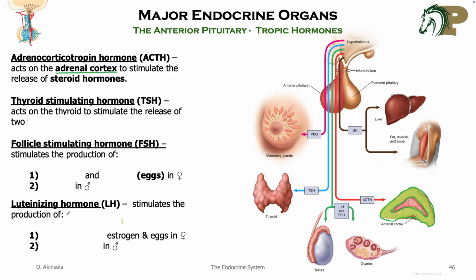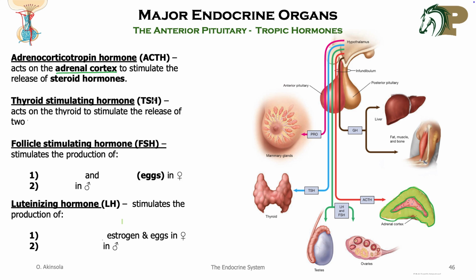But there are 3 steroid hormones in particular that will come from the adrenal cortex. And so you see that over here. I just want to point it out in the image: ACTH coming from the anterior pituitary, acting on the adrenal cortex.